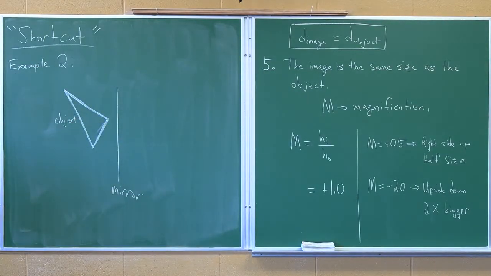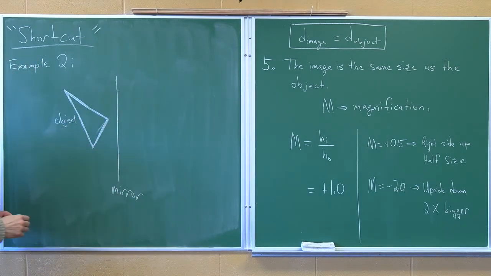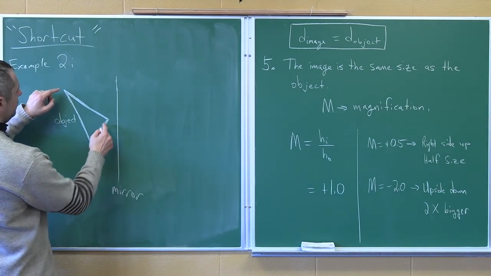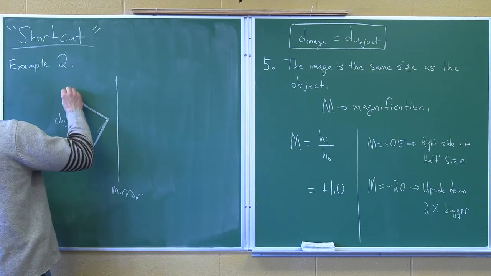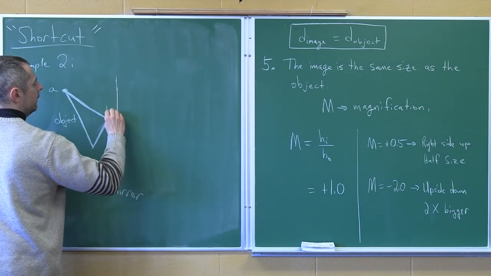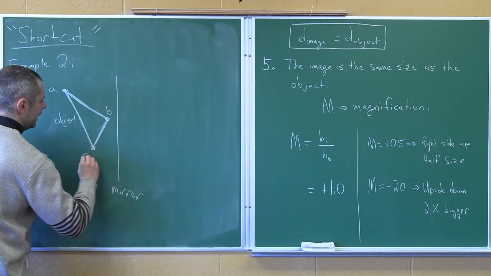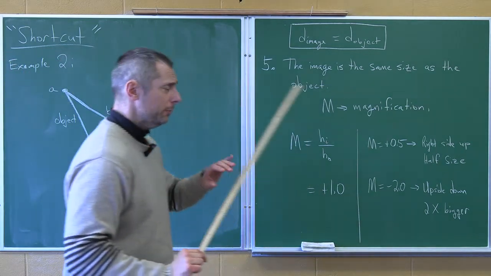All right, now I put a triangle in front of a plane mirror. Again, if I want to do ray tracing, I need to ray trace 3 points, 6 total rays, 2 for each. Too tedious. Let's just use the facts of what we know about images in a mirror, label these and reflect them according to the principles that we know about plane mirrors.